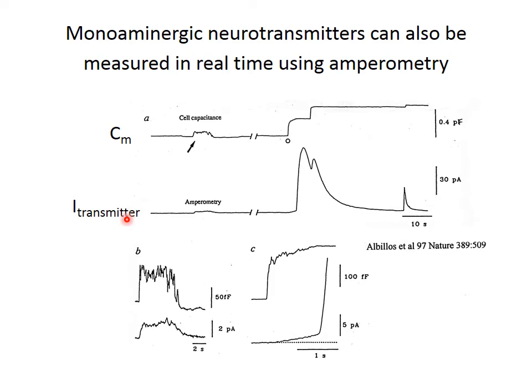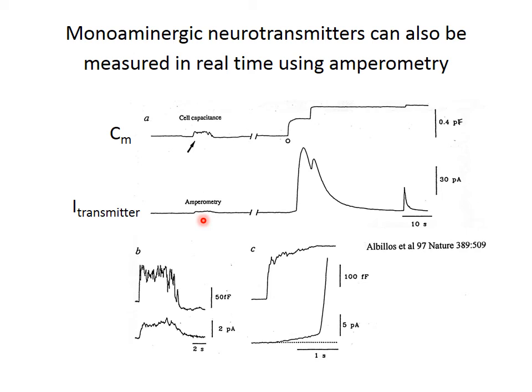Correspondingly, these carbon fiber electrode measurements, which can be made for neurotransmitters which have a charge that can be measured by a carbon fiber. So that mainly is our monoamine neurotransmitters. That's dopamine, serotonin, norepi and epi, histamine, octopamine, anything in that family.